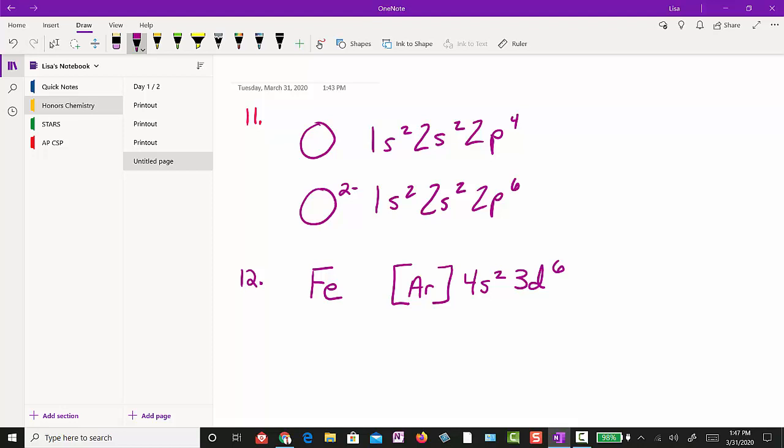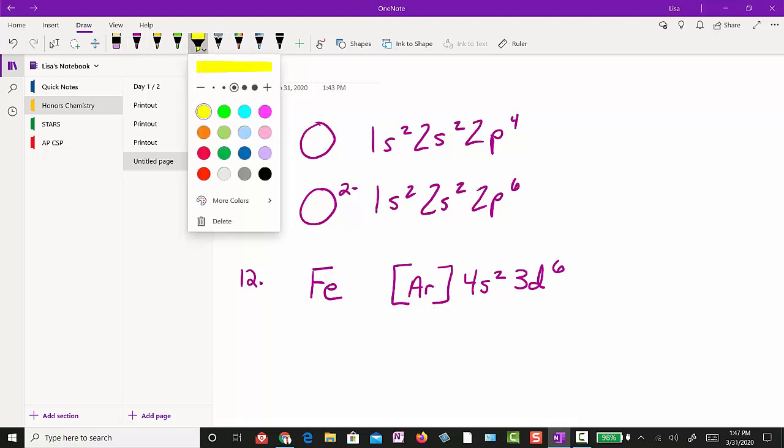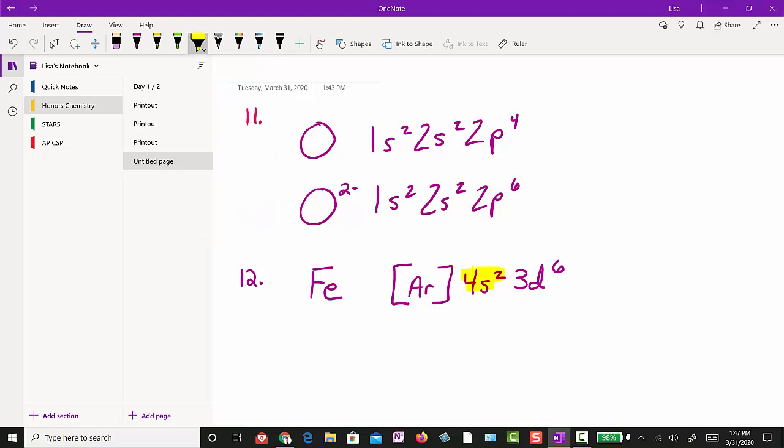So for iron, its valence electrons are going to be those s's. Those are the ones I'm going to lose first. So iron with a +2 charge is going to lose those 2, and so it's going to be 3d6.